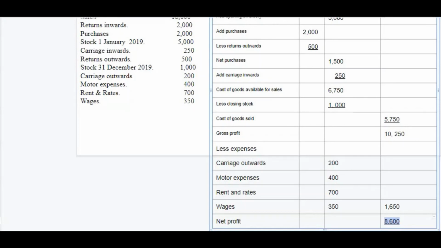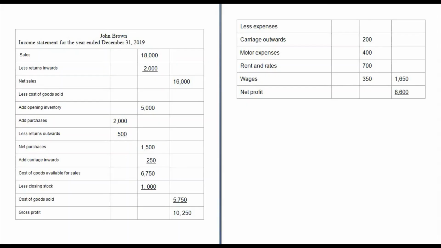For your income statement, you are going to take your revenue and your expenses. The only expense that will not go here is drawings, that will go to the balance sheet.